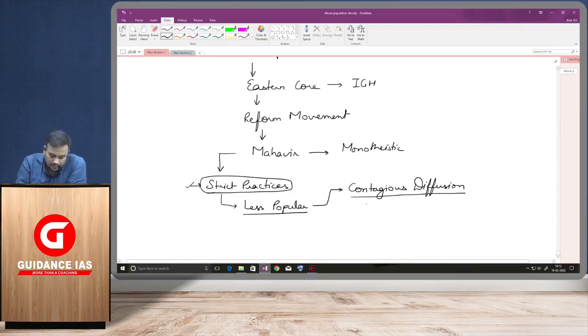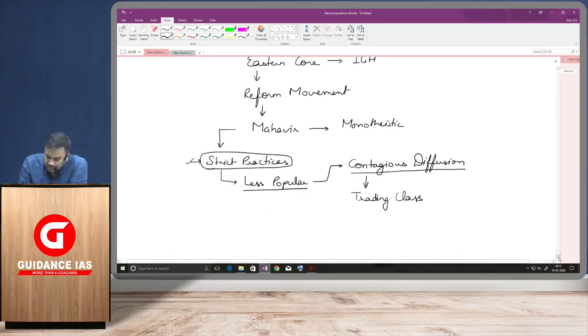And contagious diffusion is mainly associated with the trading class of India. Okay? So if it is associated with the trading class of India, we'll see that the concentration of Jainism is mainly where? In the cities. Its concentration is mostly found in the cities.